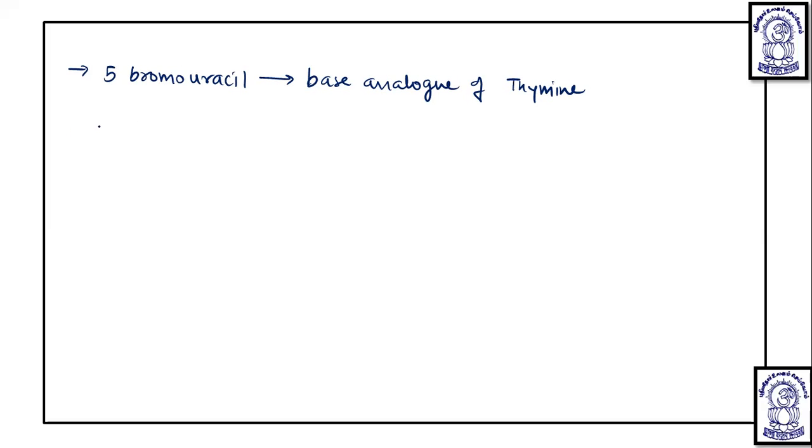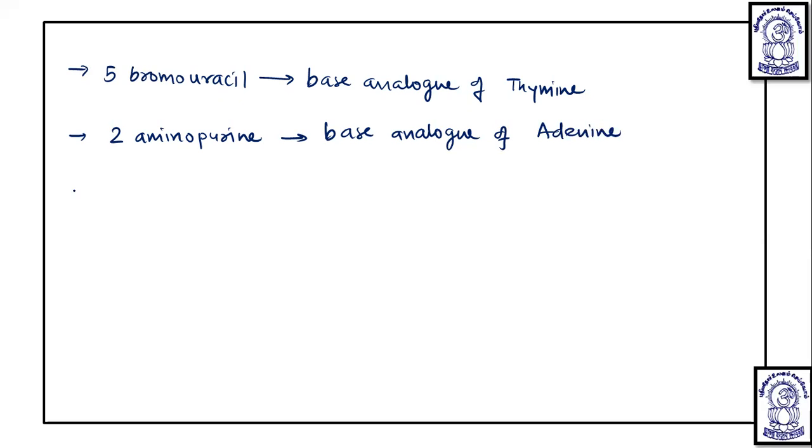Okay. And 2-aminopurine, if we talk, is an artificial base analog of adenine. So it will act as a substitute of adenine and it can pair with cytosine as well. It is also observed.